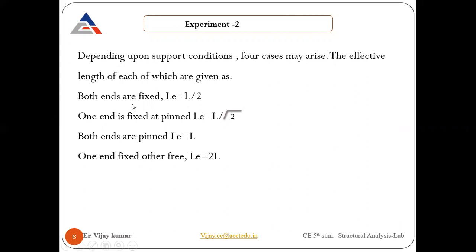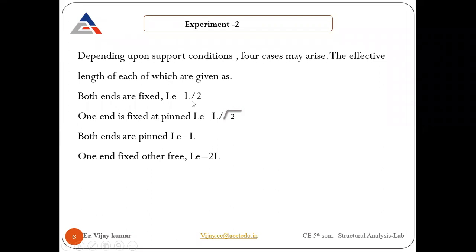If both ends are fixed, in that case, LE, that is the effective length of the column over which that deflected shape is represented. The deflection takes place on this effective length only. So that will be equal to half of the original length.